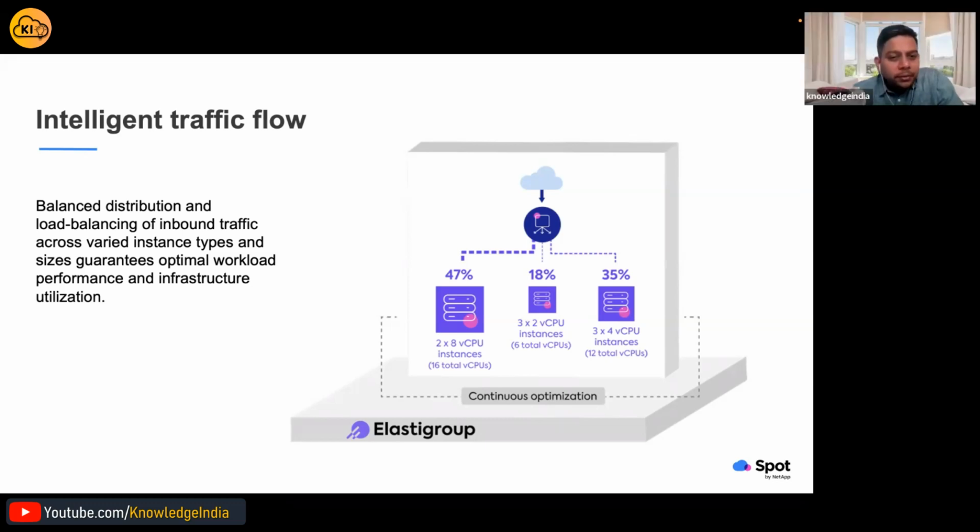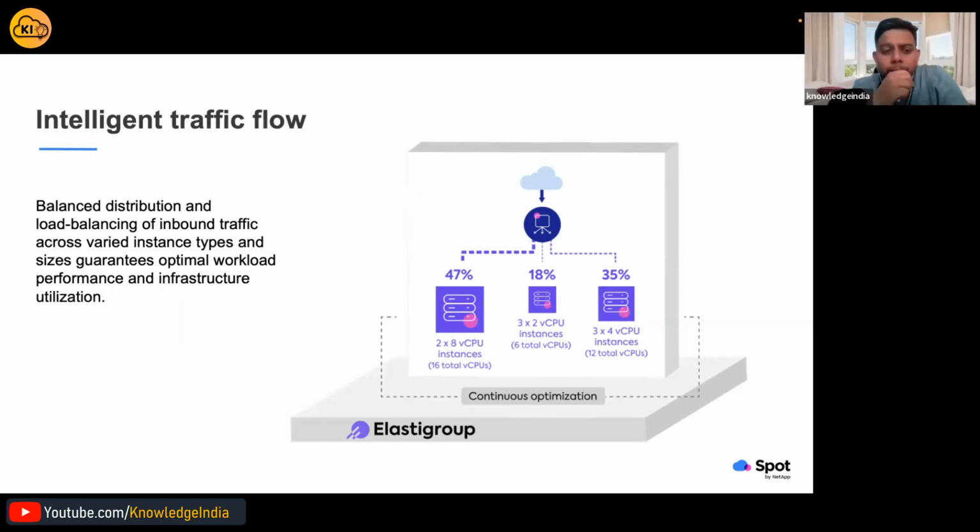Intelligent traffic flow is a feature that we launched, I think it's been 6 months now. We provide you a capability where you can select multiple instance types behind an Elastigroup or behind an ELB, right? And it distributes the traffic based on the number of vCPUs on the machines, right?